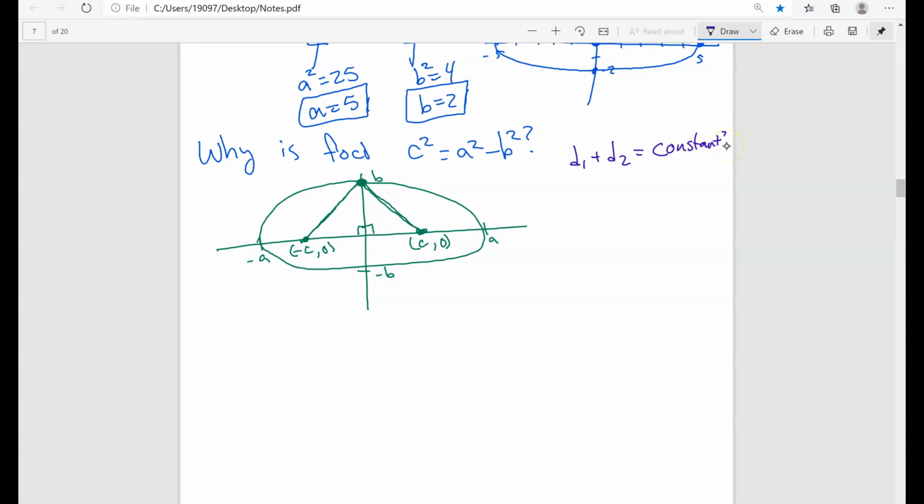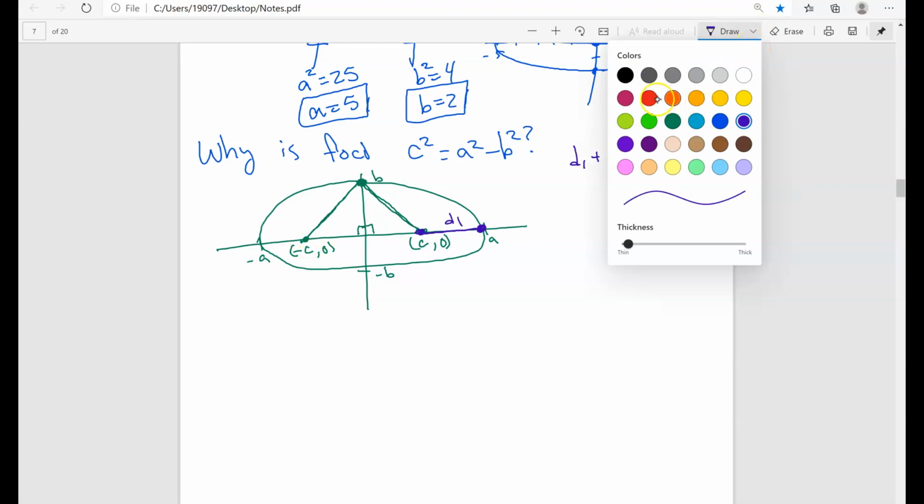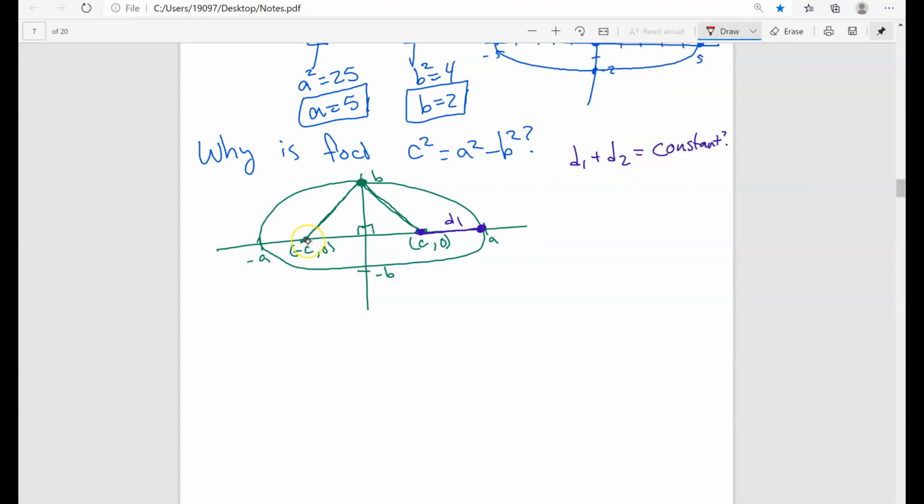Okay, so what I'm going to do is pick this point right here. So what that means is that the sum of the distances to the foci, from here to here, this distance is going to be the same exact distance as this distance. Let me color it in something different.